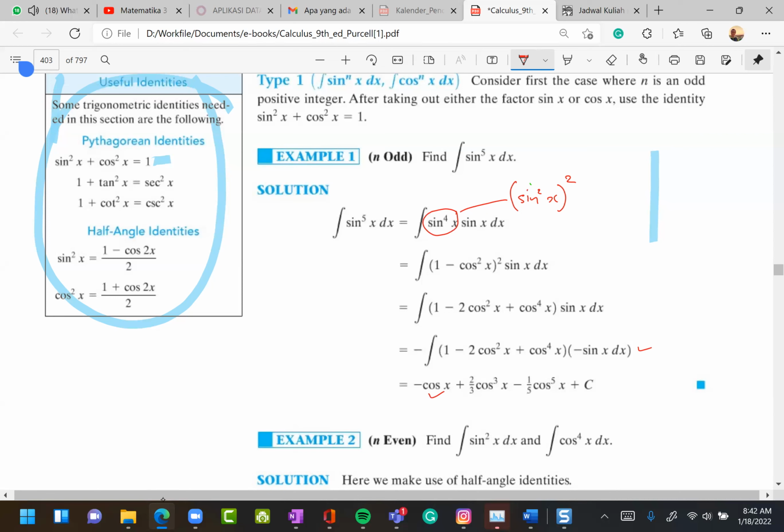Now this is 2 cosine square, but then you have this one here.